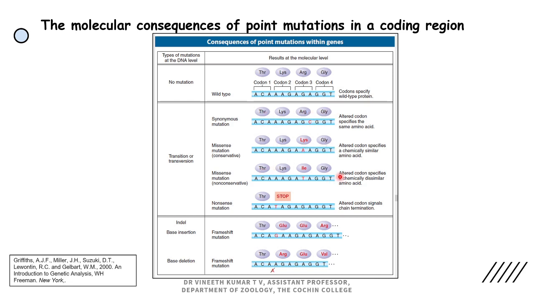The altered codon is specifying the correct number. The frame is not shifting, the reading frame is the same. That is, the reading frame is 3 3 3 3, and here also it reads 3 3 3 and 3. There is no change in the reading frame for these three. In this one, because of the stop codon, the entire thing is gone.